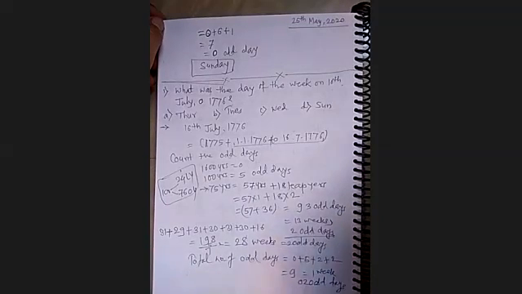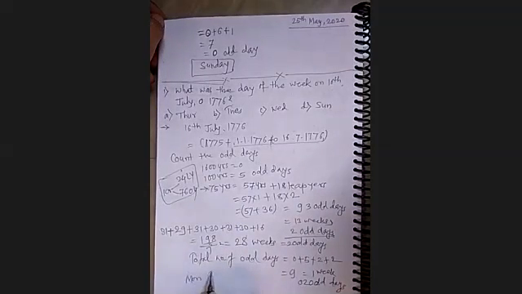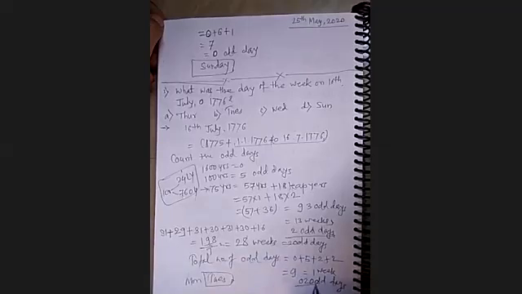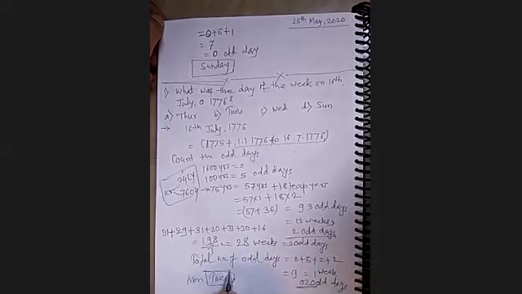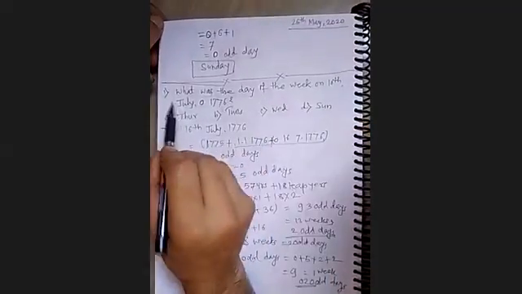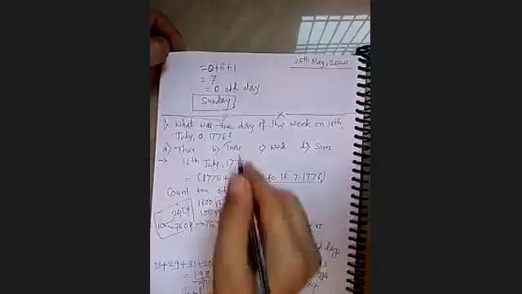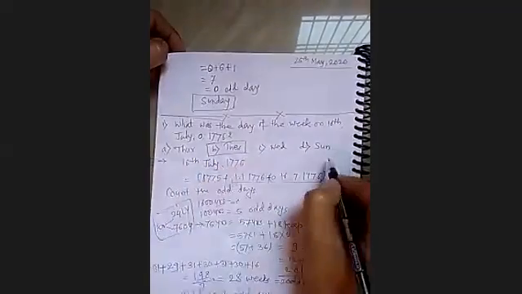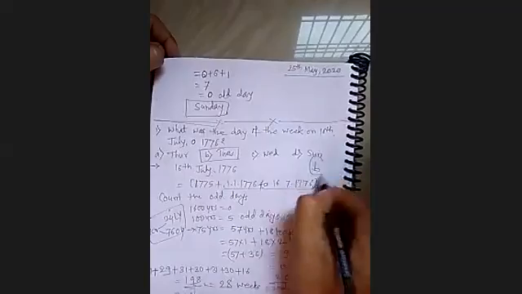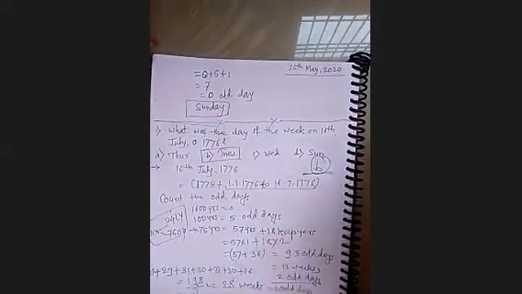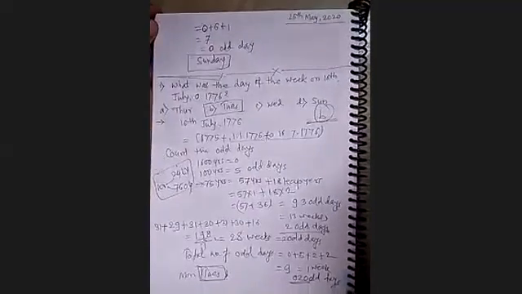And 2 odd days will be Monday and Tuesday. So your second odd day is Tuesday, which is on the 16th of July, and therefore your answer is option B.